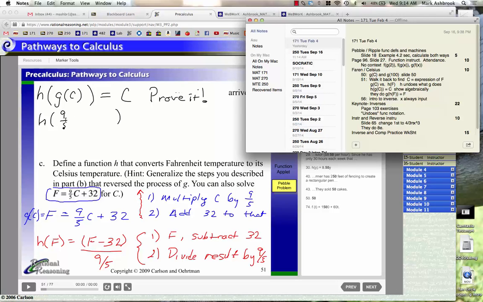And now we're putting an input into H. We're going to look at what H says to do, and we're going to do it to that input. So what does this equal? If the input into H is 9/5 C plus 32, then what would that equal? Yeah, Adam. 9/5 C plus 32.